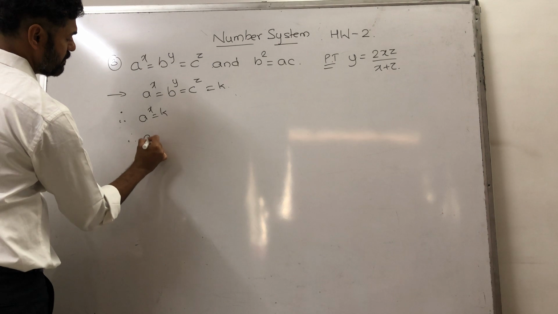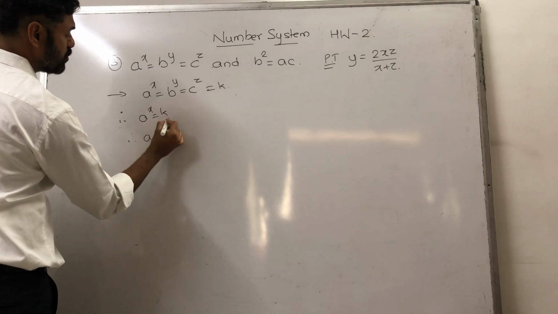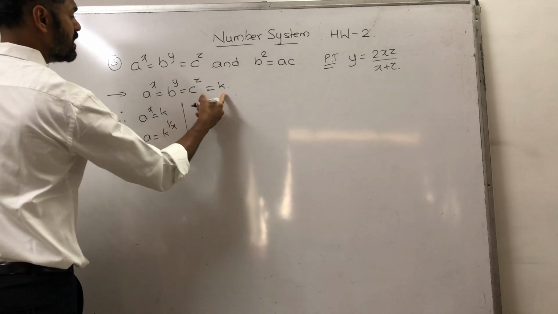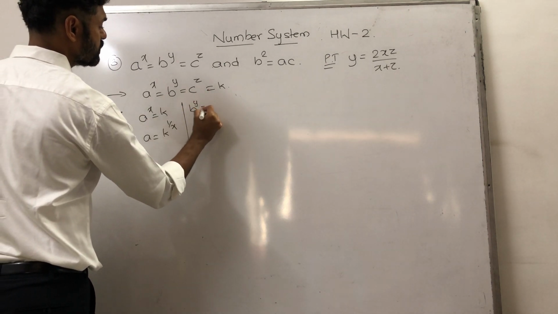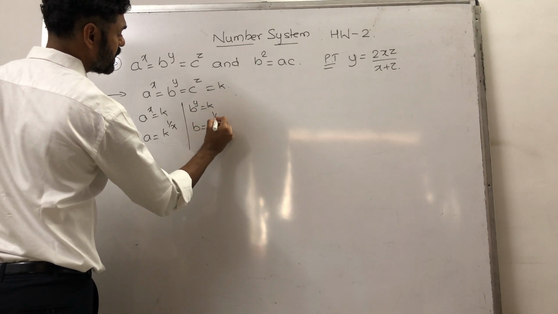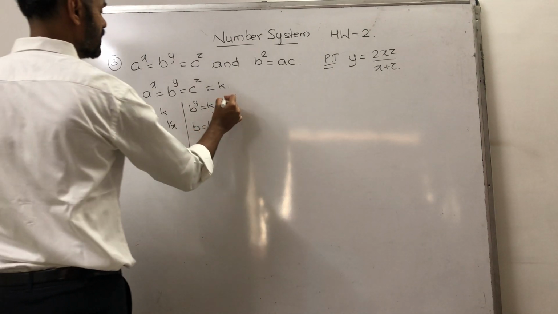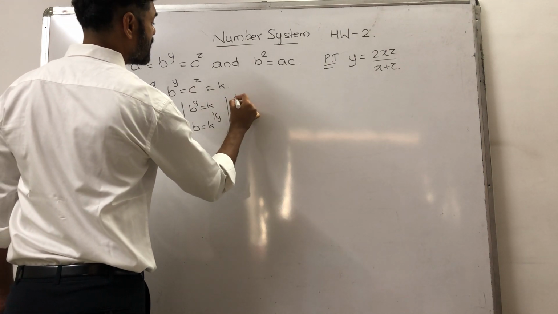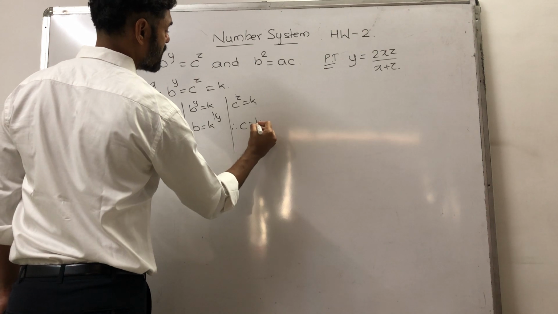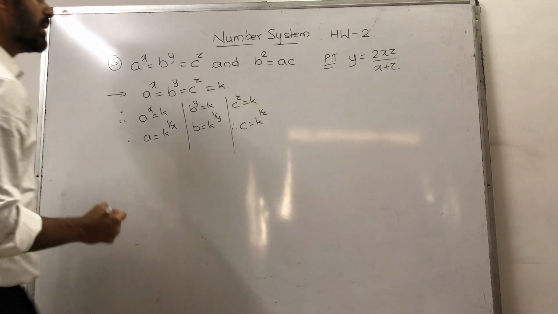So what will be a? a will be, x goes to the other side, k raised to 1 by x. Similarly, b raised to y equals k. y goes to the other side, the value of b will be k raised to 1 by y. Similarly, c raised to z is also equal to k. Therefore, value of c will be, z goes to the other side, k raised to 1 by z.